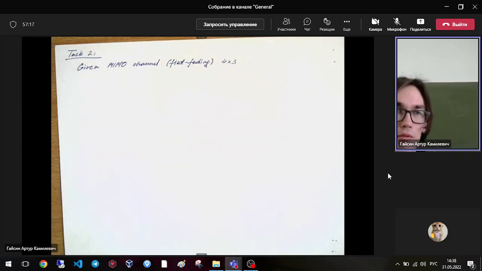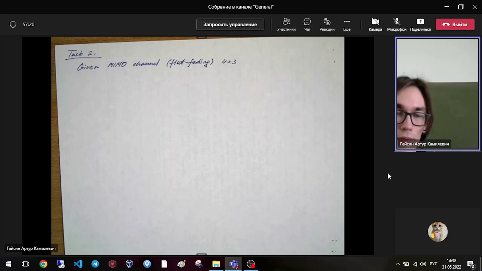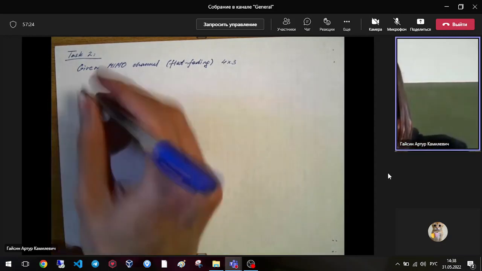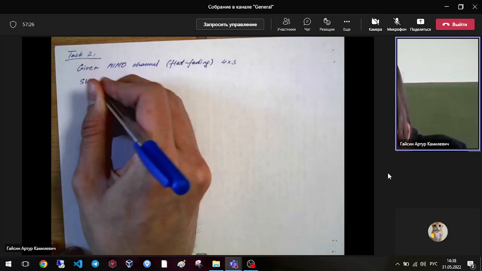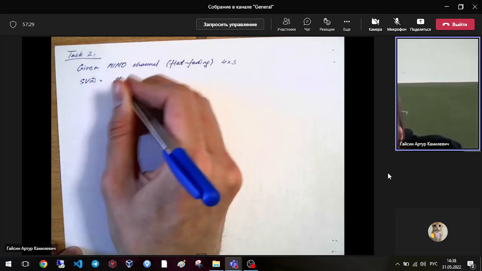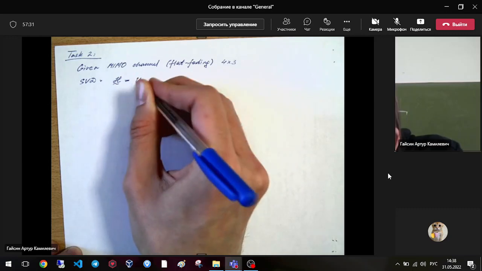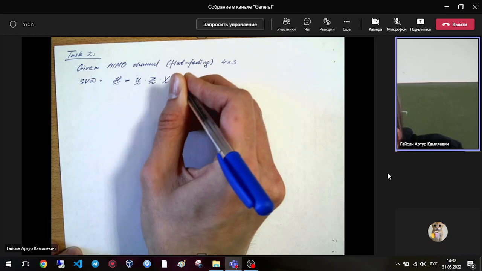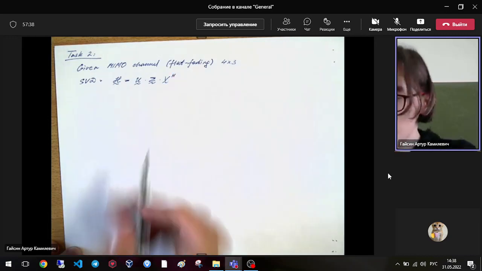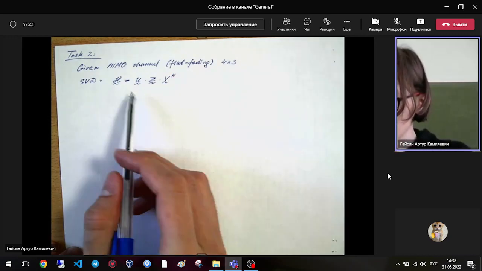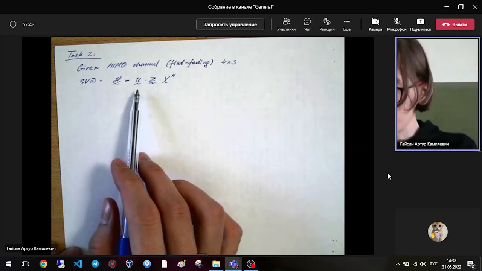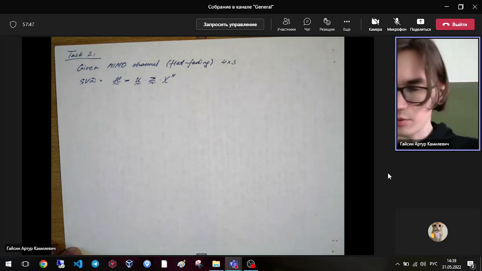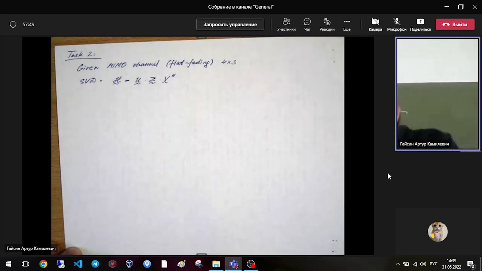And sometimes you are also given the singular value decomposition of this channel. So for example, singular value decomposition of this channel, H equals U times sigma times V Hermitian. Also, you are given these values of U and V and sigma, but in this case, I will give you only this sigma matrix here.